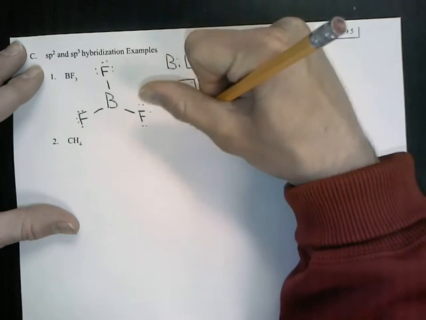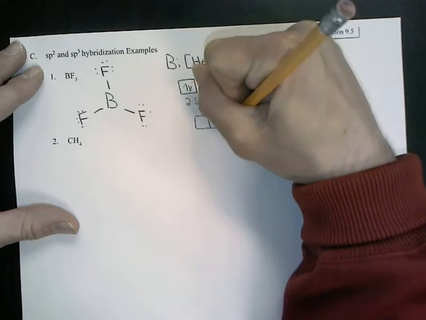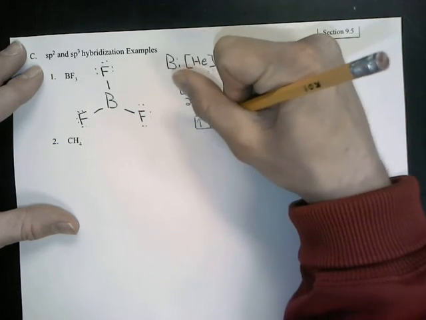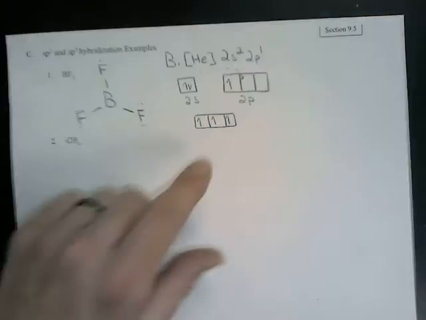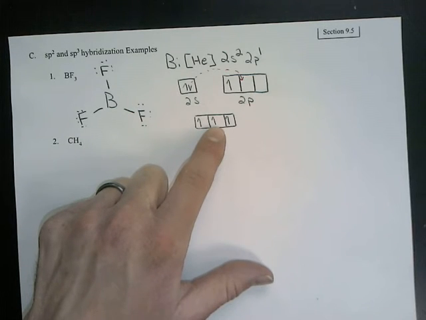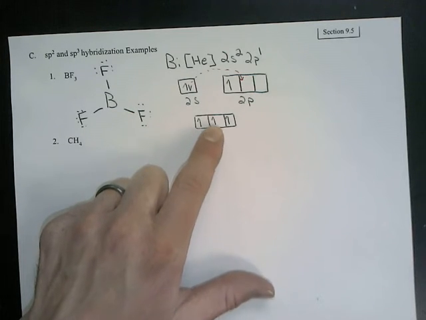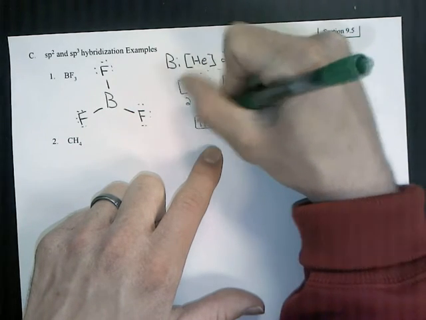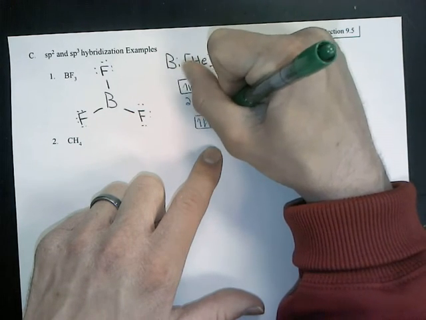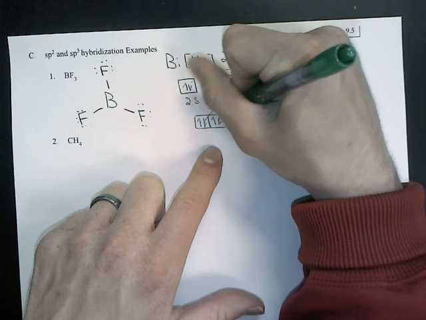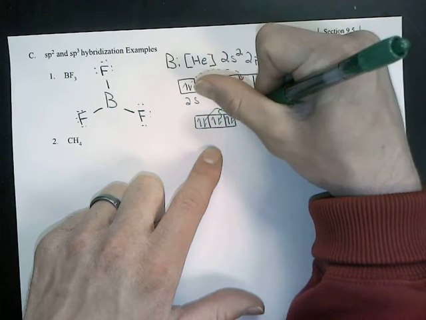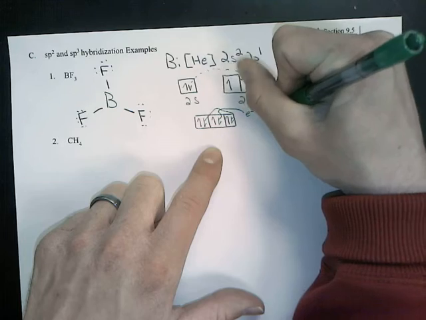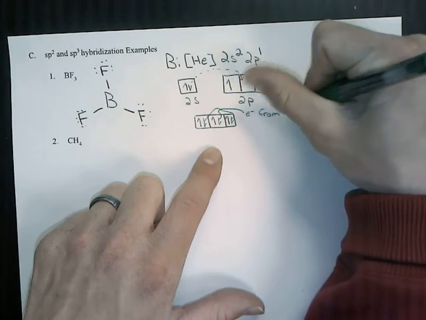You would get 3 boxes to represent that, hey, we, from our boron, have 3 spots to bond, and so the 1 electron from each of the fluorines comes in, and that is what we show here to get our sp2 hybridizations.